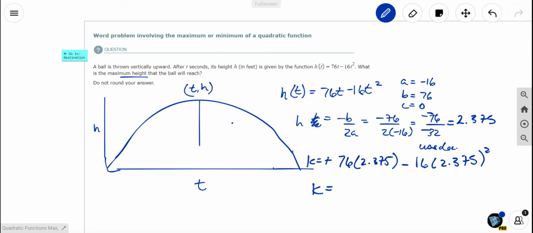So we're going to go 2.375 times 76, right? Minus 2.375 squared times, what was that? Times what?